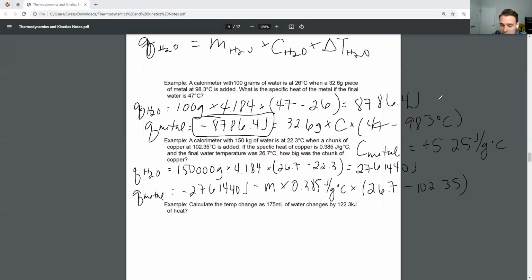When I do this math, the mass will be 94,812 grams, which is 94.8 kilograms. So it's a pretty large piece of metal, but that's also a lot of water. It's 150 liters of water.